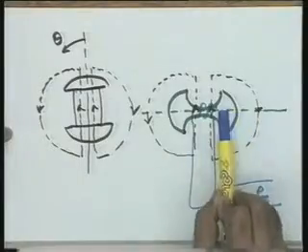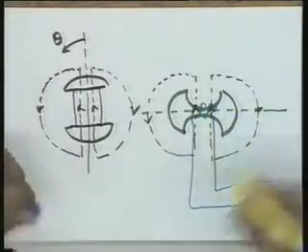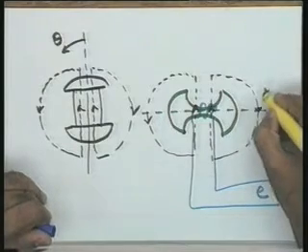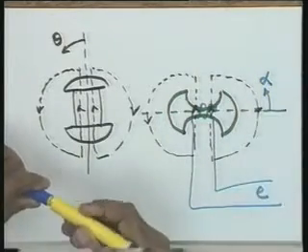I repeat my question. The synchro transmitter is in the null position and this is the flux pattern indicated. The identical flux pattern in the synchro control transformer is shown over here, and this is the position of the rotor of the synchro control transformer. I measure the angle alpha with respect to this position.